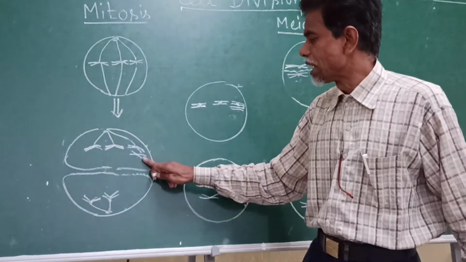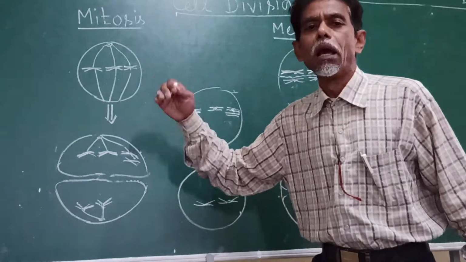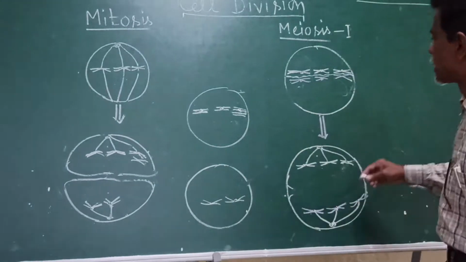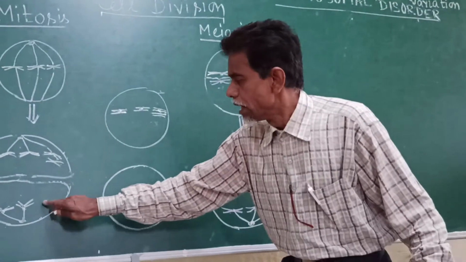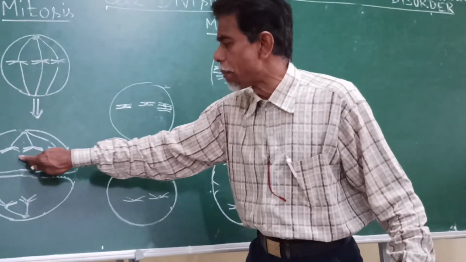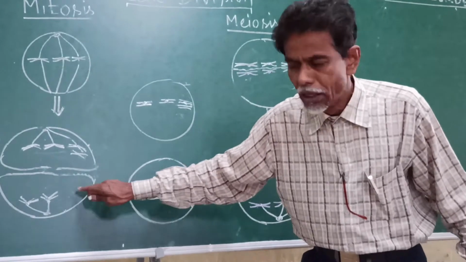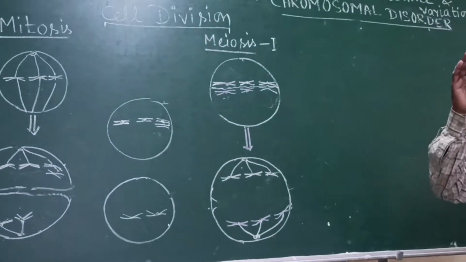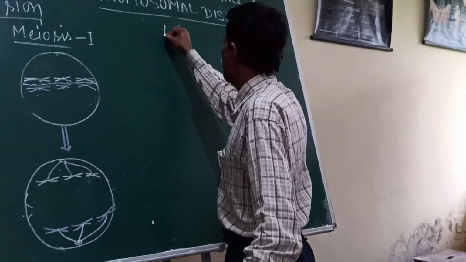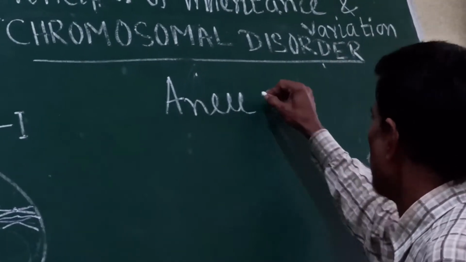So this is how a particular cell can get an additional copy of a chromosome. In this cell, there is a loss of a chromosome. So there can be an addition of an extra chromosome or a loss of a chromosome. This phenomenon of addition or loss of chromosome is called aneuploidy.